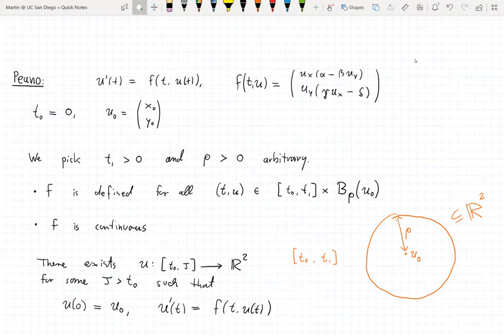Since f is defined everywhere for all possible values of t and u, certainly f is defined for all times t and vectors u, where the time t is taken from the interval from t0 to t1, and the vector u is taken from the ball of radius rho around u0. That's not particularly difficult, and we also see that f is continuous because every component of f is continuous.